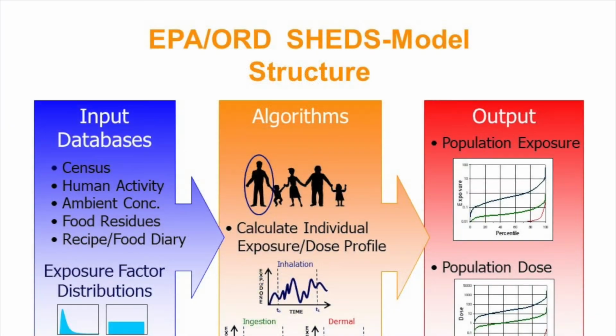These are the input databases that I mentioned earlier: the census data, human activity data, the CHAD diaries, ambient concentrations, food residues, and if we're dealing with diet, recipe information, etc., to be able to determine what ingredients are used in making, let's say, an apple pie, so that you find out how much sugar goes into it, how much flour goes into it, what's in the flour, what's in the sugar.